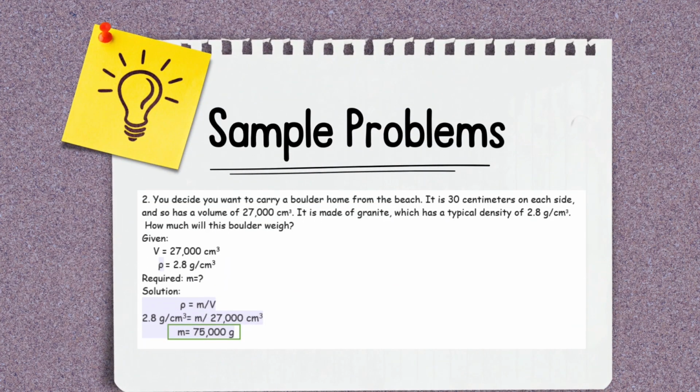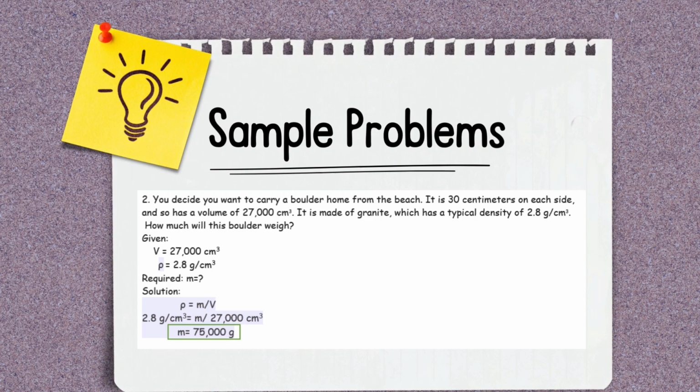Number 2 example, you decide you want to carry a boulder home from the beach. It is 30 centimeters on each side and so has a volume of 27,000 cubic centimeters. It is made of granite which has a typical density of 2.8 grams per cubic centimeter. How much will this boulder weigh? We have the given V, 27,000 cubic centimeters, and density, 2.8 grams per cubic centimeter. What we are looking for is the mass.